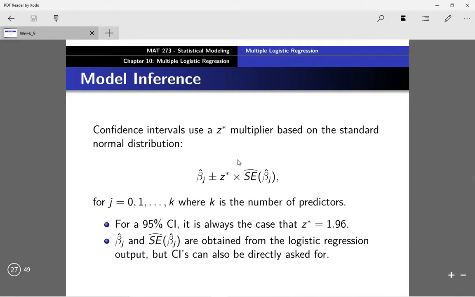Whereas this z-star multiplier is denoted with a z because that's commonly how we denote quantiles of a standard normal distribution. So this is representing that. Okay, and so we can construct a confidence interval for each regression coefficient where we have several of them. So here we're assuming we have k number of candidate predictors.